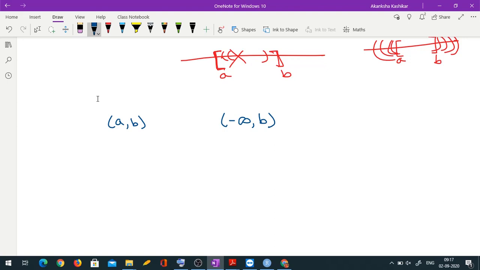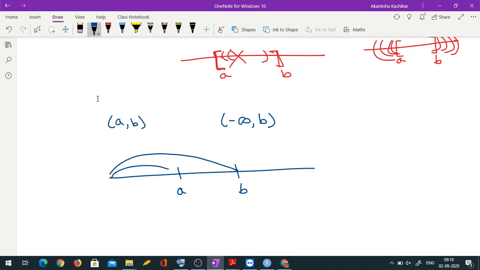So how to do that? Expressing finite interval in the form of infinite interval seems difficult. So minus infinity to B is interval of this type. And what I want is I want AB. So how should I proceed? Think. Of course, I can take minus infinity to A. Now, would that help me?